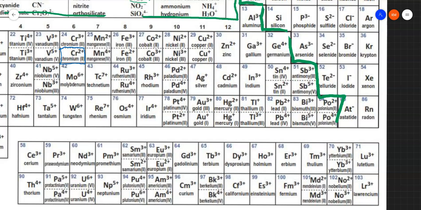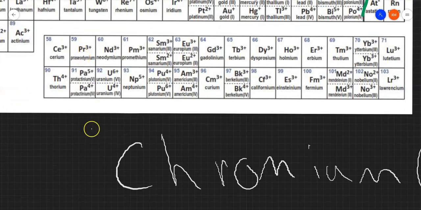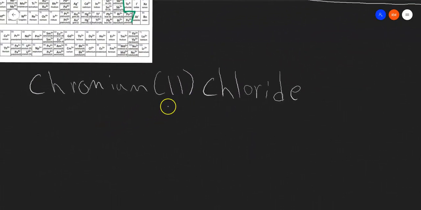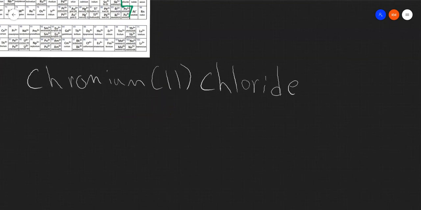And then we know chloride, which is right here, from the other ones, which is Cl-. Probably going to get some motion sickness here. All right, so I write the cation first, a positive one. So that's Cr2+, and then Cl-.